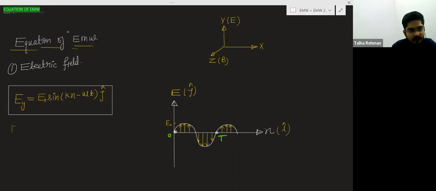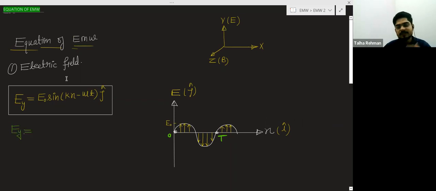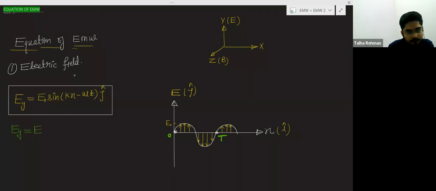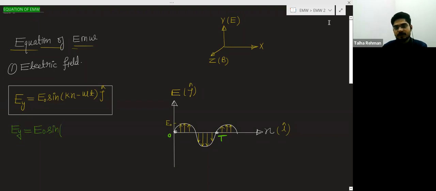So this is Ey. Basically this is the equation of the electric field we are writing. This is E naught sine, k is the wave number.